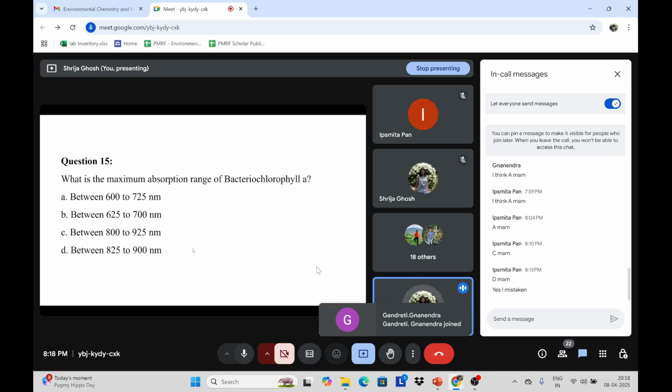What is the maximum absorption range of bacteriochlorophyll A? 600 to 725 nanometer, 625 to 700 nanometer, 800 to 925 nanometer, 825 to 900 nanometer. What is the correct answer?